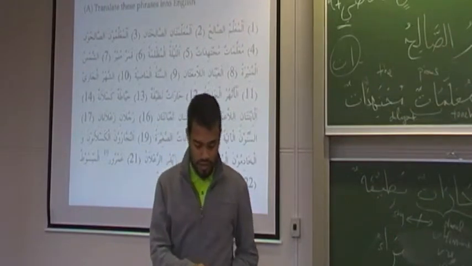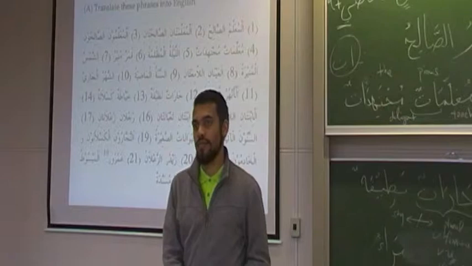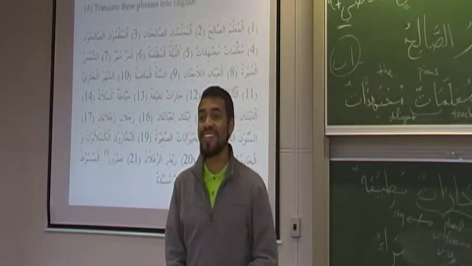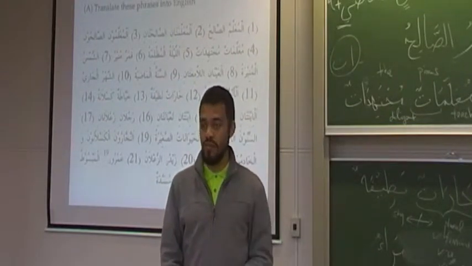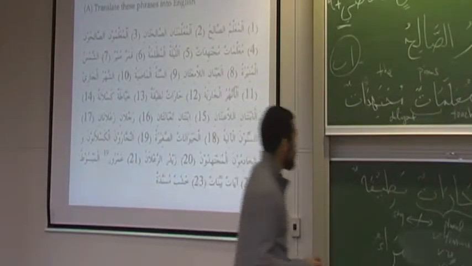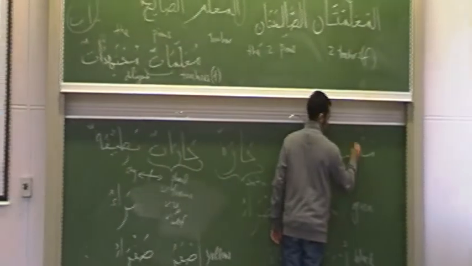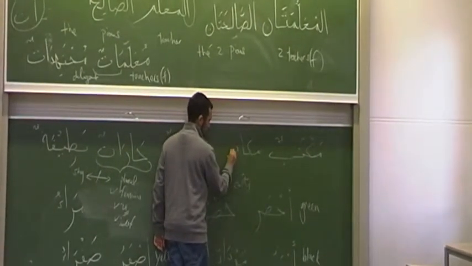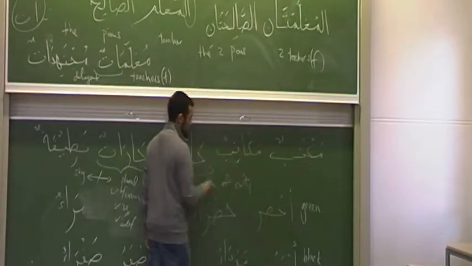Can it be plural? We said there are exceptions. But when it is masculine and plural, same thing, makatibu. It doesn't matter, you describe it as feminine. That's why I used maktabun, makatibu.